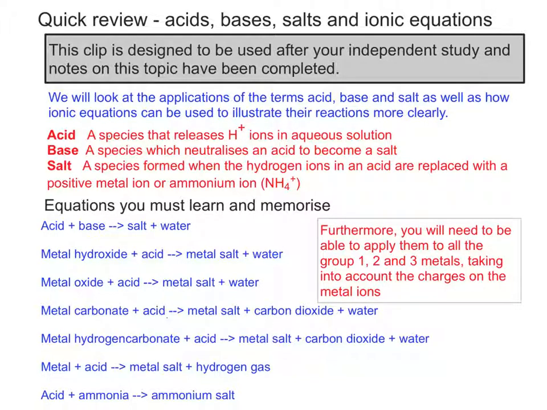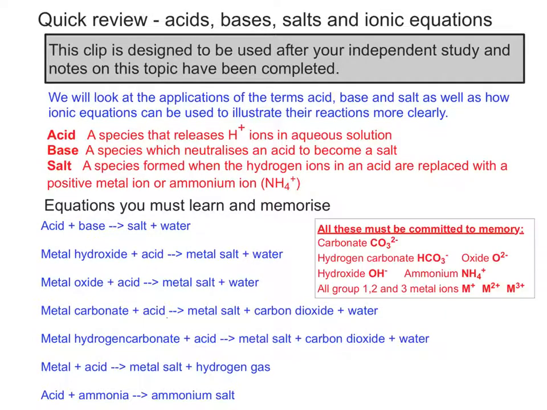You'll need to be able to apply them also to all the group 1, 2 and 3 metals, taking into account the charges on the metal ions. So it goes without saying that you need to be comfortable with all these ions, equations and formulae secure in your mind, because they all can be applied at some point across to these equations that you need to learn to memorise.